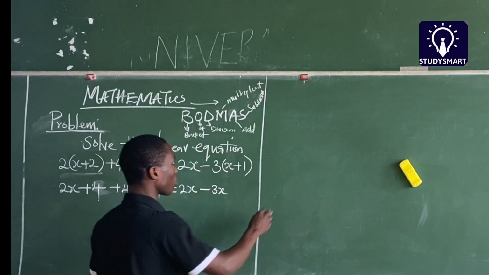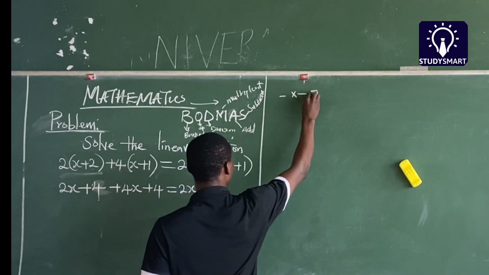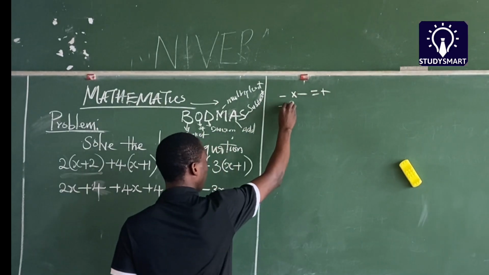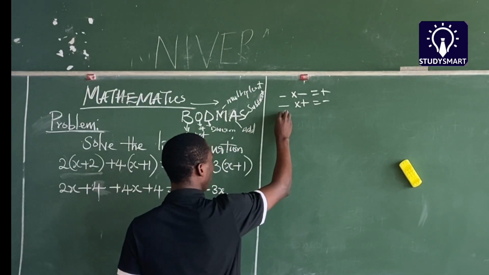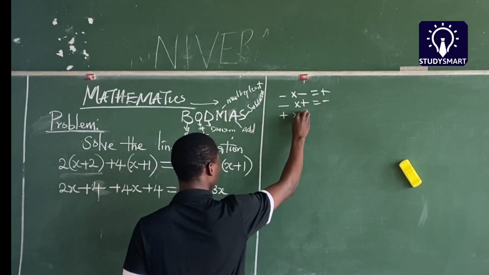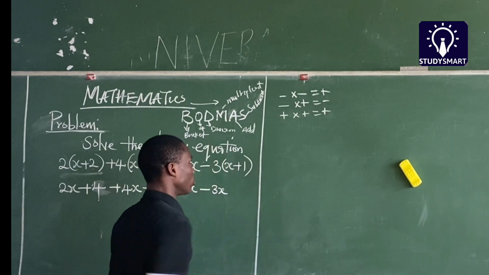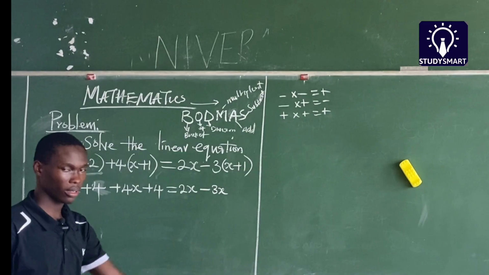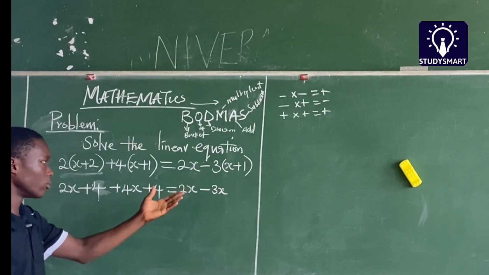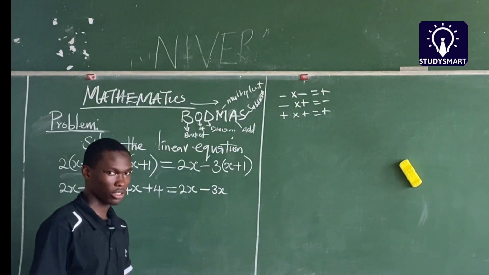You should note that minus times minus will give you a plus, minus times plus will give you a minus, and plus times plus, of course, gives you a plus. You should know this concept, because it will guide you in operating signs in mathematics and every other course too.